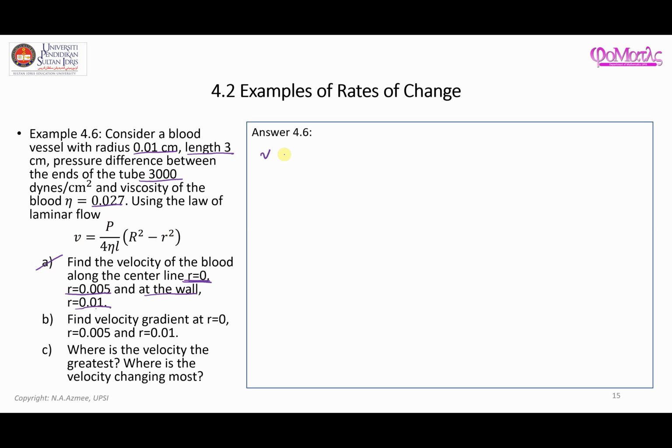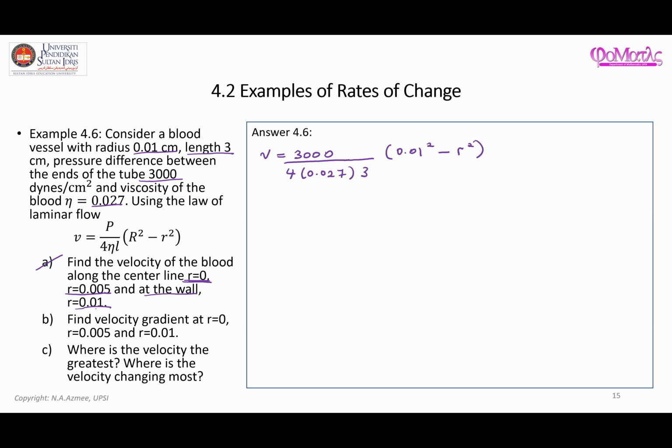The velocity is given by P, the pressure, so I'm going to substitute 3000 over 4, the viscosity is 0.027, the length is 3 centimeter, the big R is the radius of the blood vessel, which is 0.01 squared, and we have the small r. I'm just putting down all the constants, all the information given.